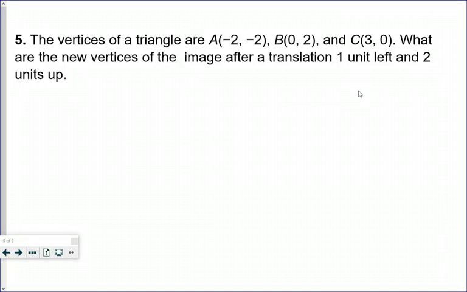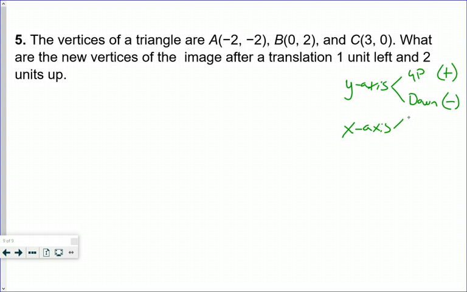So just for that helpful hint again over here, our y-axis would indicate a move of up and down, and that would be negative for down and positive for up. And then our x-axis, once again, for our translation, would be your left and right. So right would be positive, and left would be our negative.